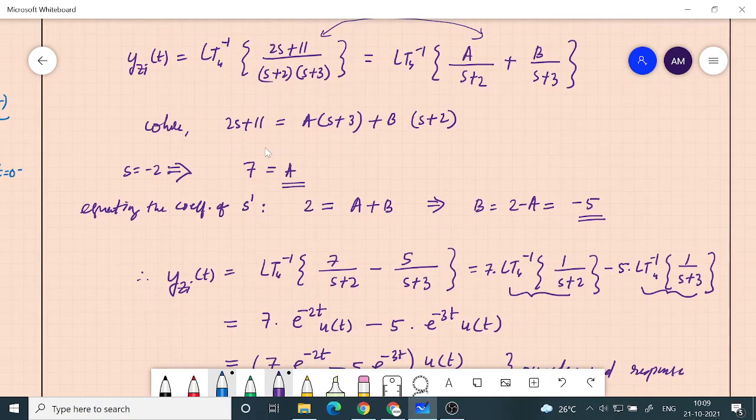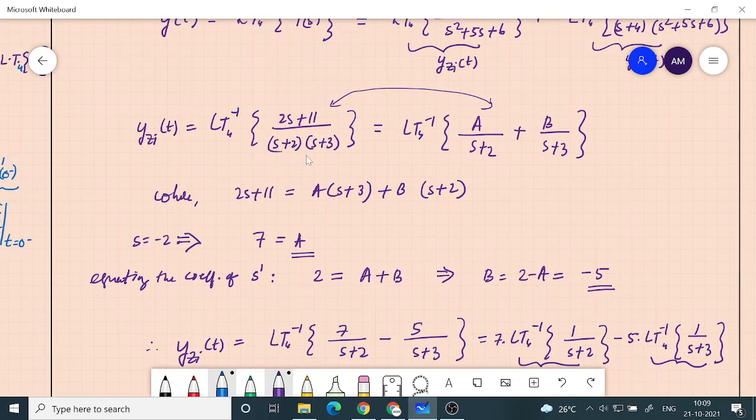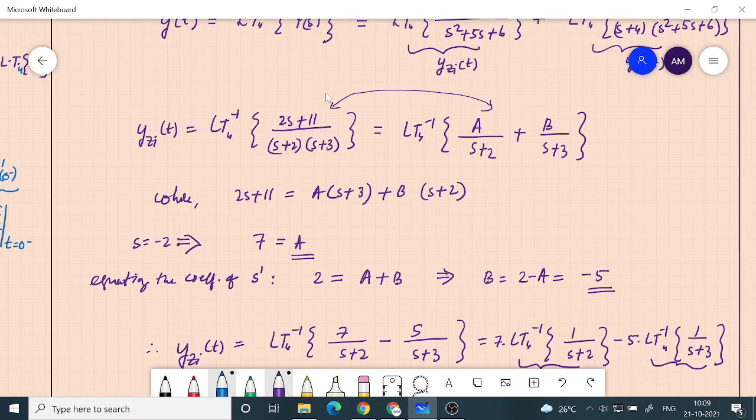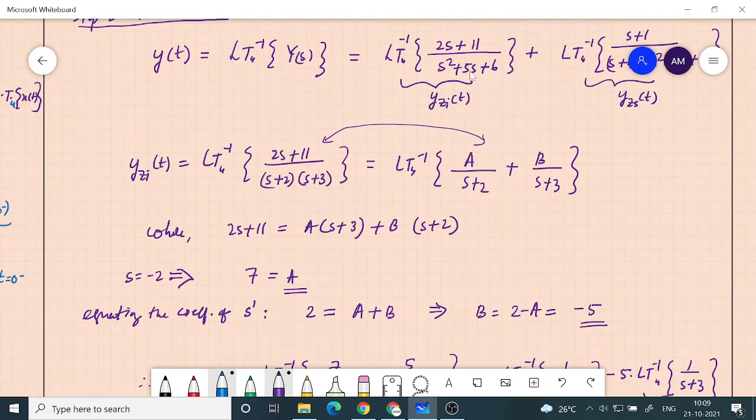That is encoded in the factors s plus 2 and s plus 3. The two roots are real. When you solve the quadratic s square plus 5s plus 6 and find the roots, if the roots turn out to be negative real values, then it will be a case of overdamped response.